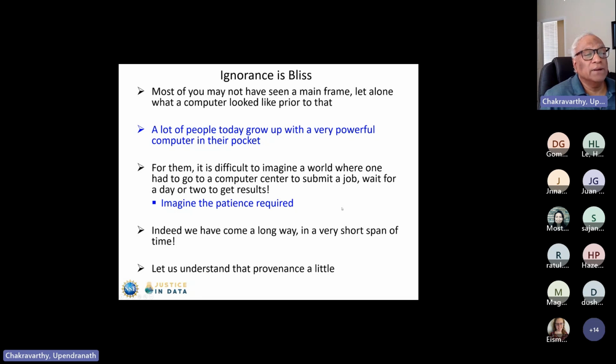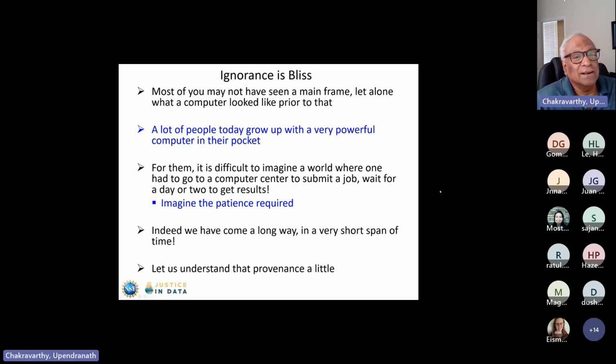For them, it's very difficult to imagine a world where one had to go to a computer center to submit a job, wait for 1 or 2 days to get the results. This is how it was when I was a student, both undergraduate and graduate, where we had to go to a place where we submit our program in a deck of cards and then go back the next day to pick up an output. Just imagine one syntax error meant you lost 1 day. So this is how things were being done. Indeed, we have come a long way.